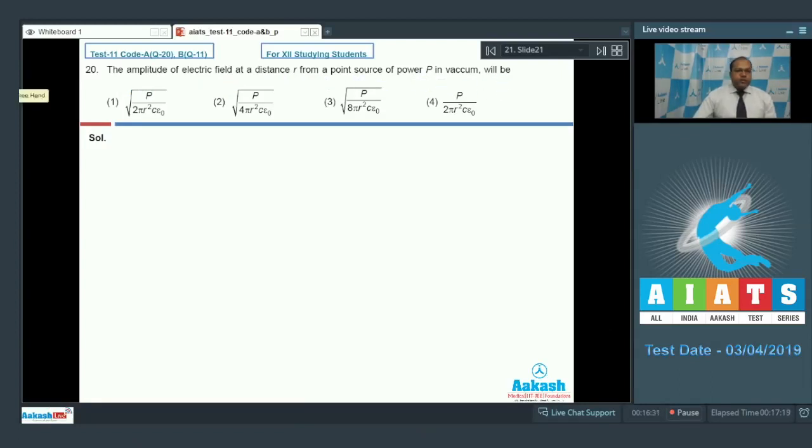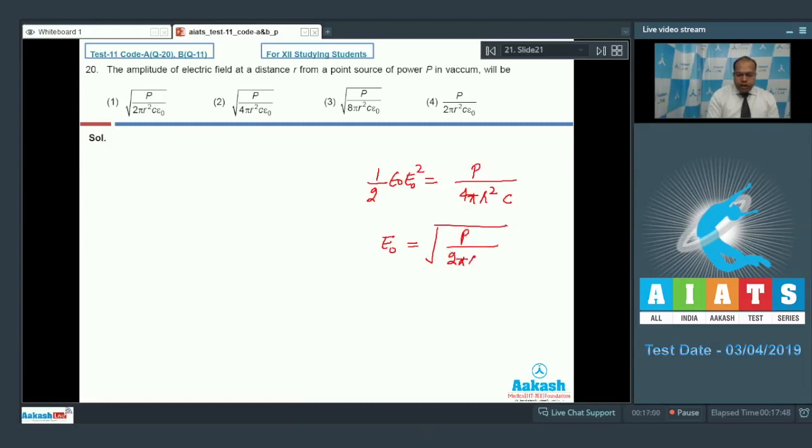We know the standard formula, the energy density is given by half epsilon naught into E square, and it must be equal to P divided by 4 pi r square into C. So if I find the value of amplitude of electric field, E naught, it comes out to be under root of P divided by 2 pi r square into C into epsilon naught. So option 1 is the correct answer. Let's move to question number 21.